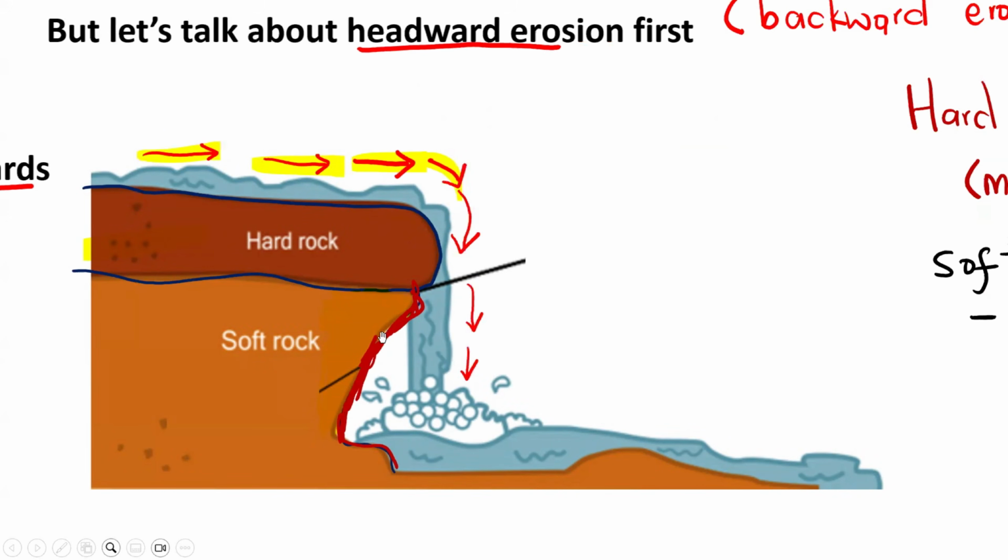And the more the water was falling, the more it was washing away the less resistant rock because it is easily eroded. Guys, soft rock is less resistant, easy to erode, easy to remove, or easy to wash away.